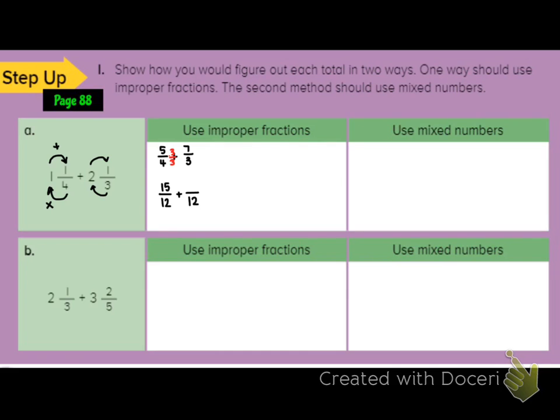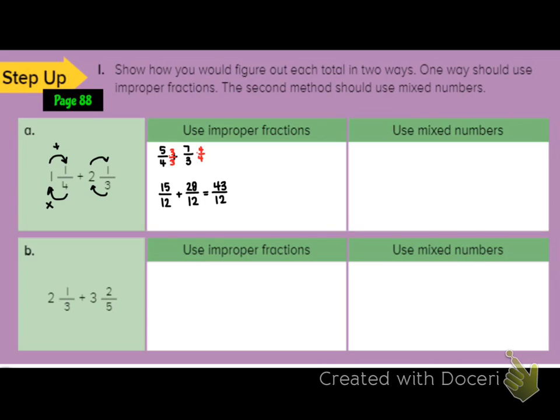And I have to multiply 7/3 by 4 over 4, which makes it 28/12. As I add this, I keep the denominator the same, and I add my numerators. 15 plus 28 is 43, and I have 43/12.